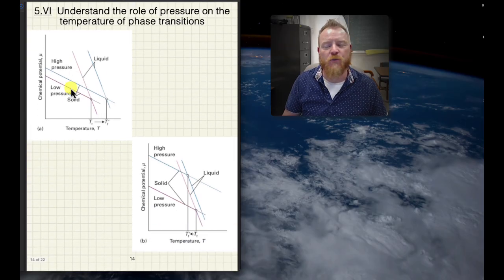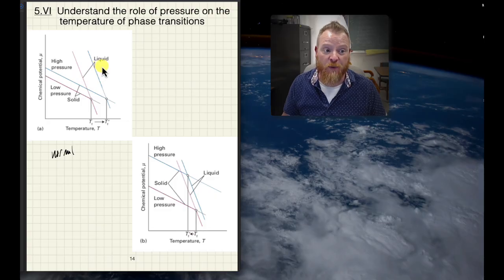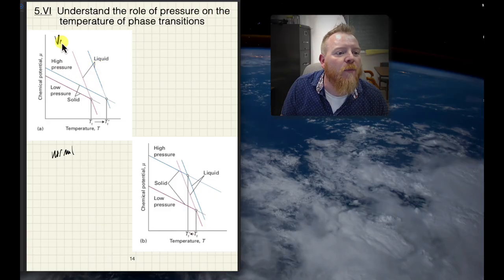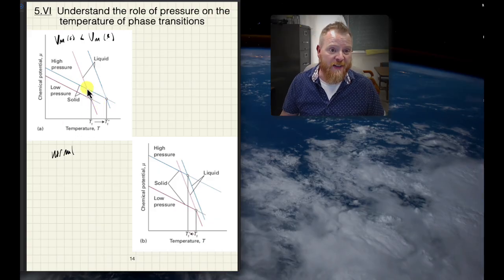So again, this is what our normal situation looks like, where chemical potentials for the solid and chemical potentials for the liquid increase. In this normal case, the molar volume of my solid is less than the molar volume of my liquid, or another way to say this is the solid phase is more dense.